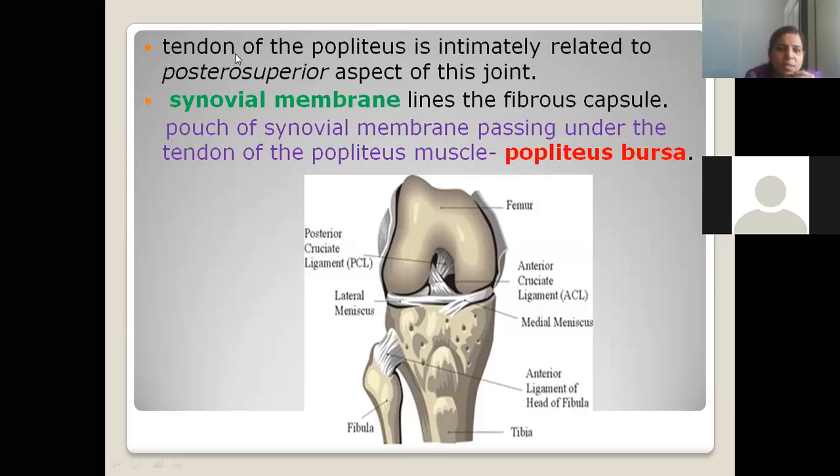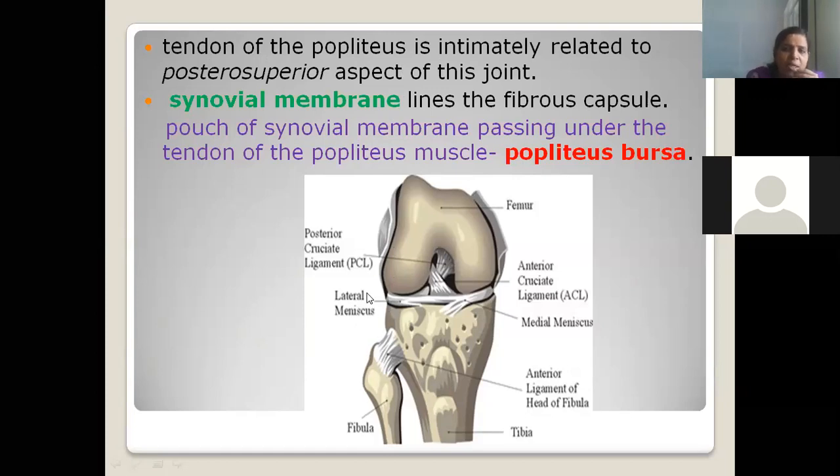So you will see the tendon of popliteus coming from the fibula to the tibia. That's the reason. Do you remember I told you the popliteus comes from the lateral condyle of the femur, isn't it? Intracapsular. So that's how the tendon of popliteus is intimately related to the posterior superior aspect of the superior tibiofibular joint.